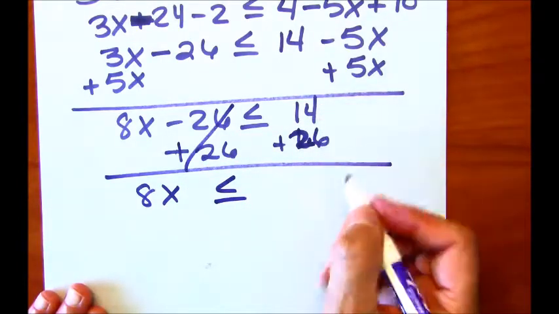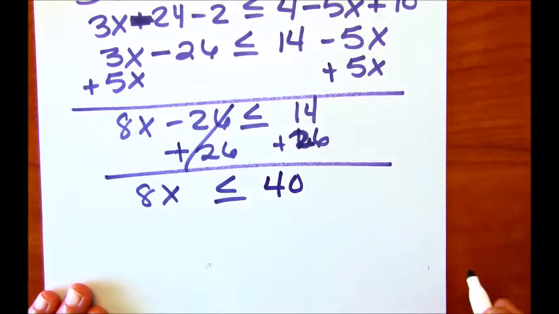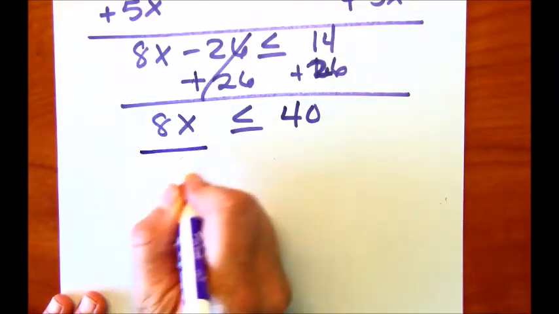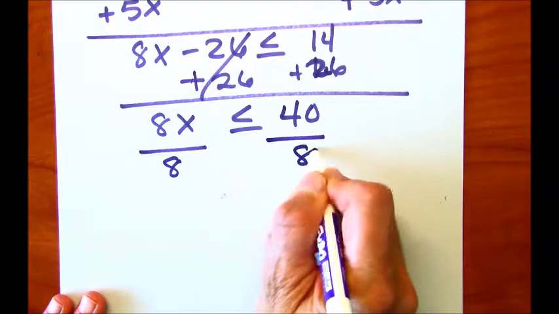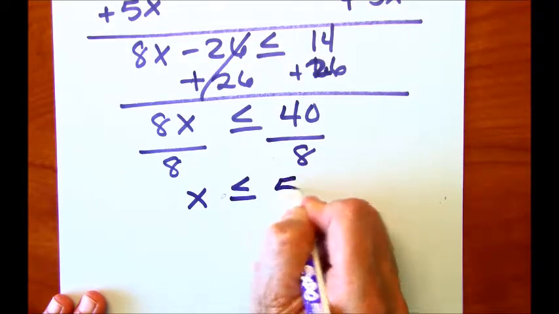And then 14 plus 26 is 40. Notice this is positive 8 times x, so we're just going to divide by the 8. And we're left with x is less than or equal to 5.